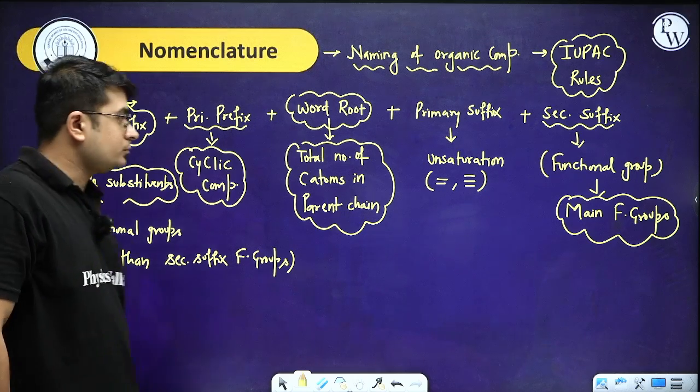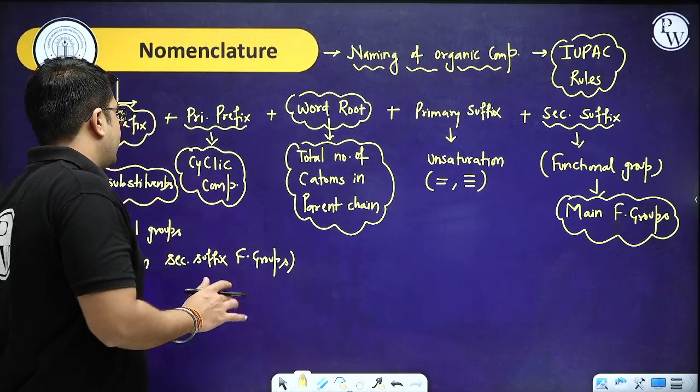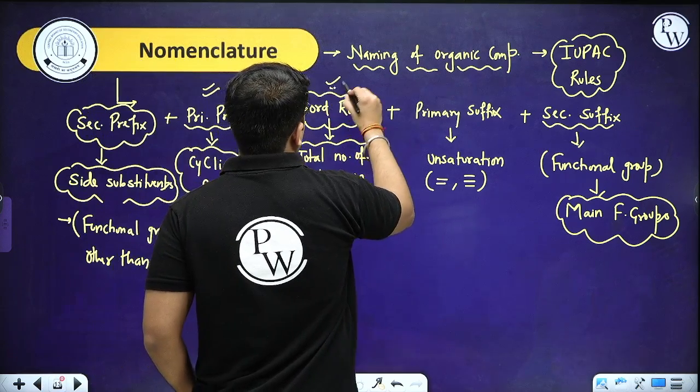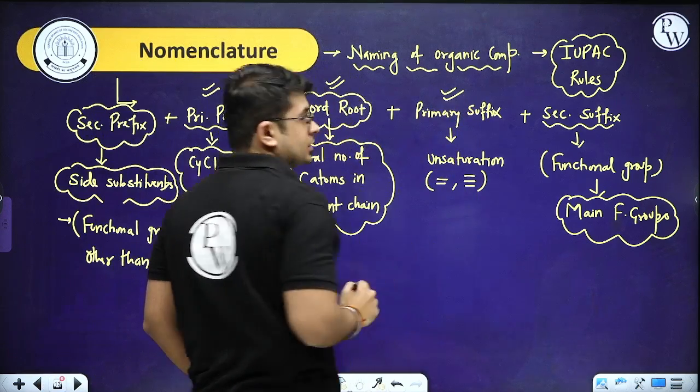Now let's try to decode the first part, which is related to the primary prefix, word root, as well as primary suffix.